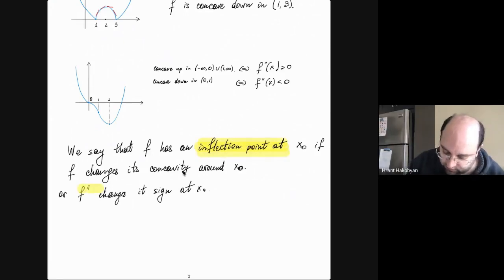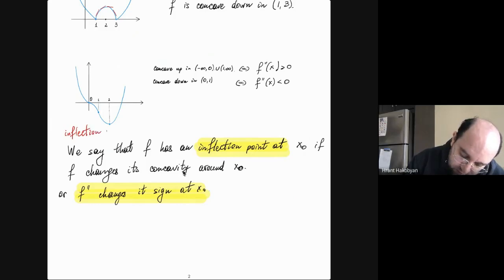So F double prime changes its sign at that point. In this example here, we have two inflection points: this one here and this one here.